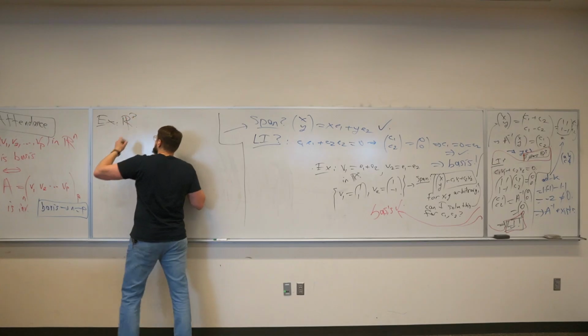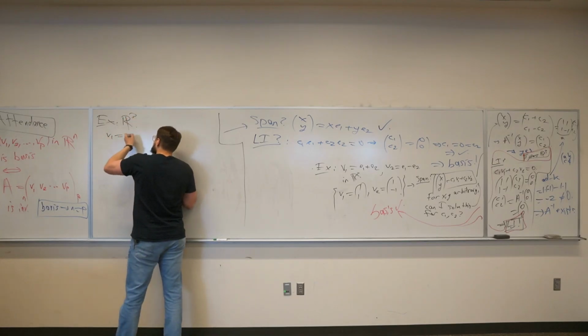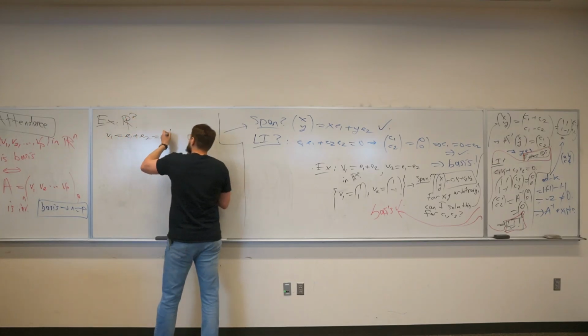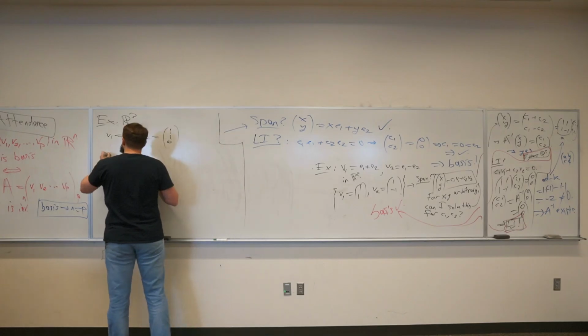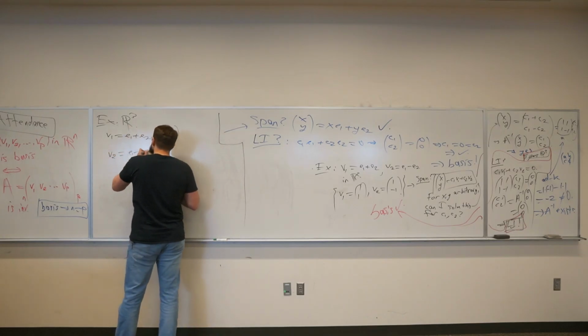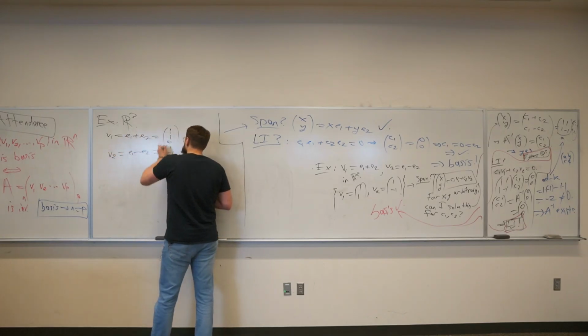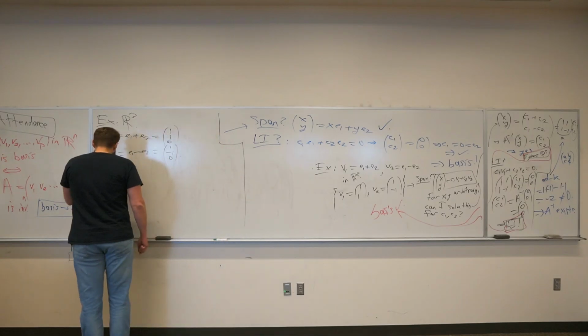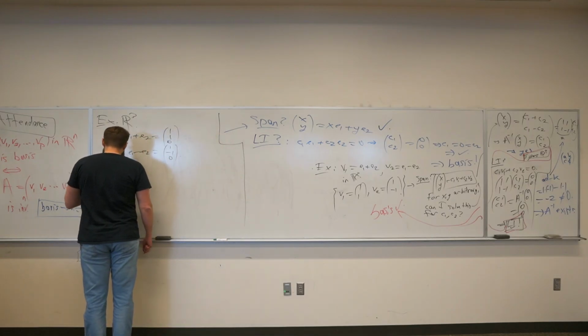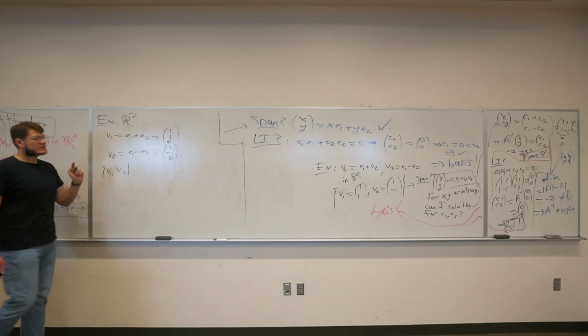In R3, again, V1 is E1 plus E2, which now is 1, 1, 0. And V2 is E1 minus E2, which is 1, minus 1, 0. Okay, and I'm looking at, again, V1, V2. And I'm asking, is this a basis?